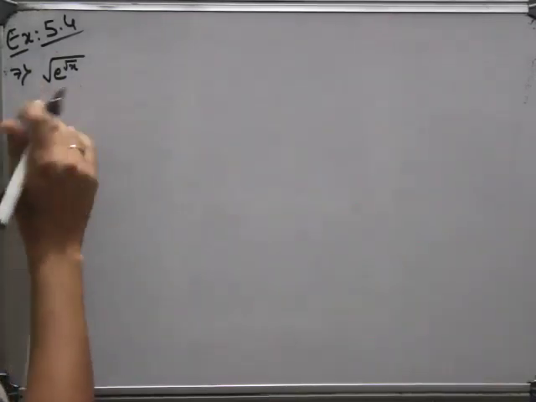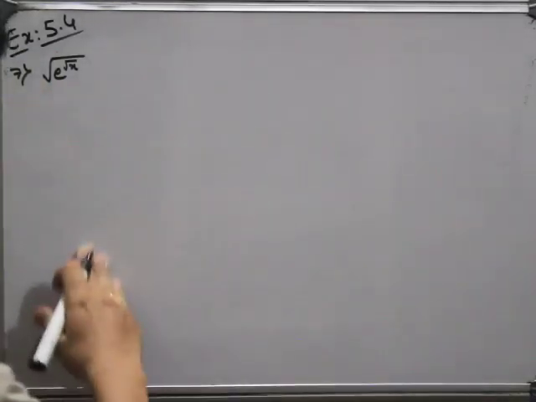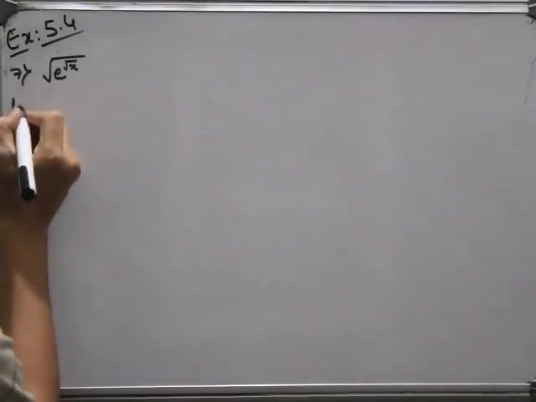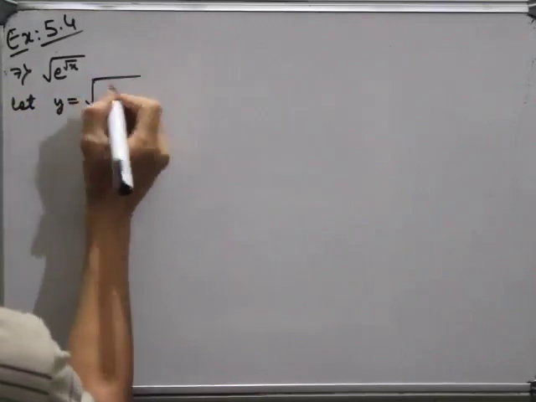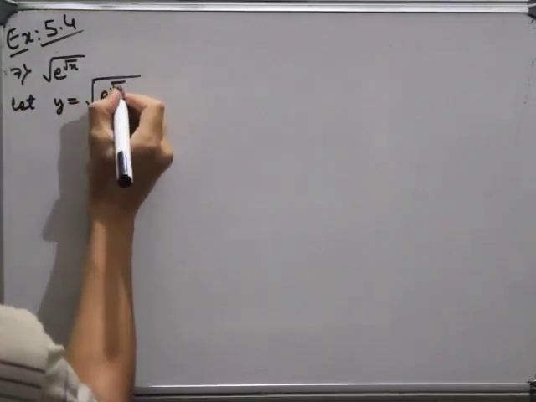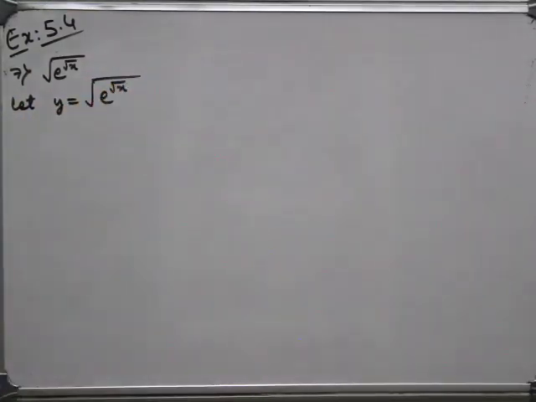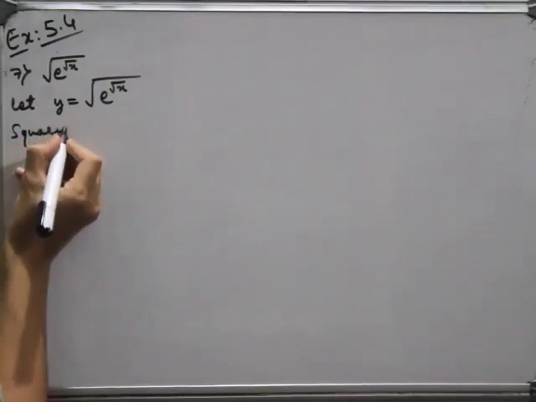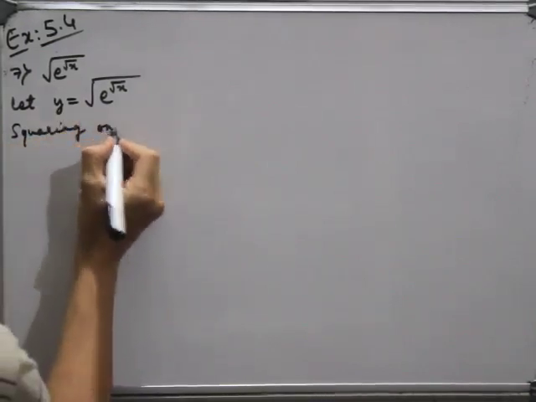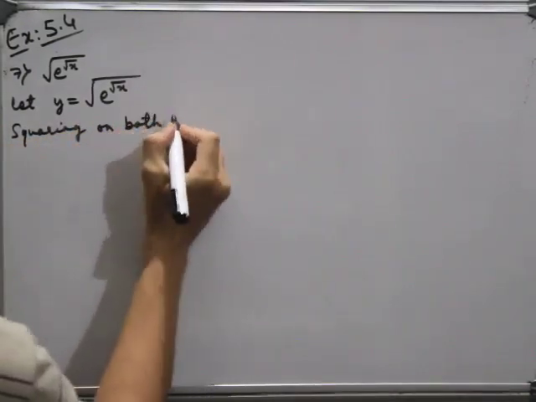What I will do is, so before solving we can reduce a bit of complication in this and then we can solve. Let y is equal to root of e to the power of root x. Okay. Next what I will do is I will write squaring on both sides.